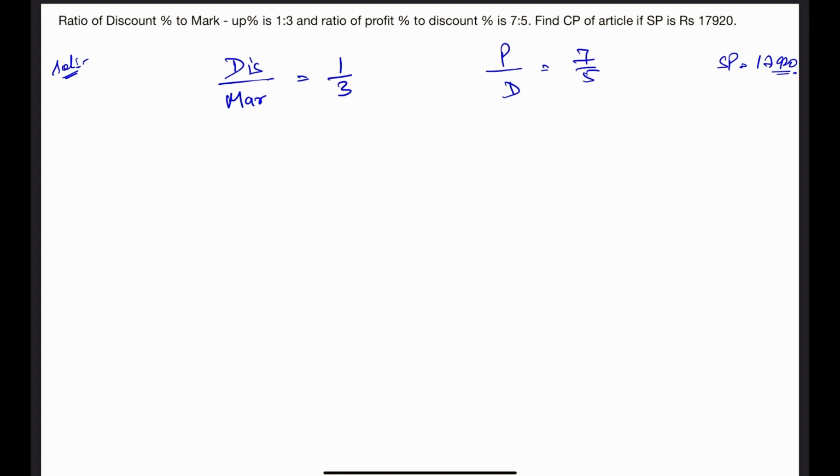If the discount percentage is this much, I can write markup to discount is 1:3, and my discount to markup is 1:3, and then my profit 7:5.